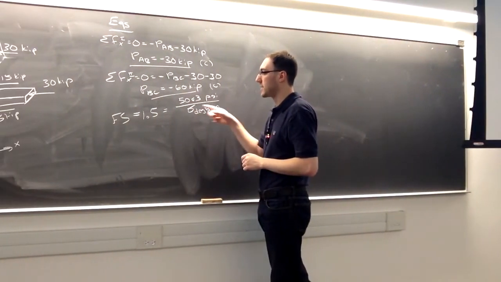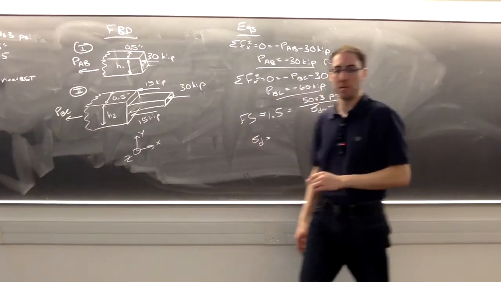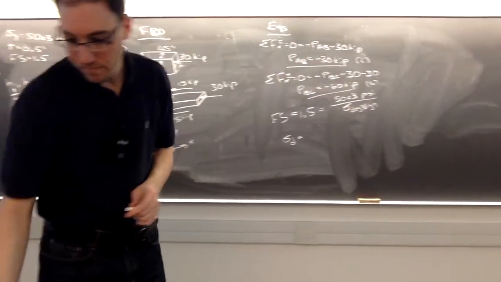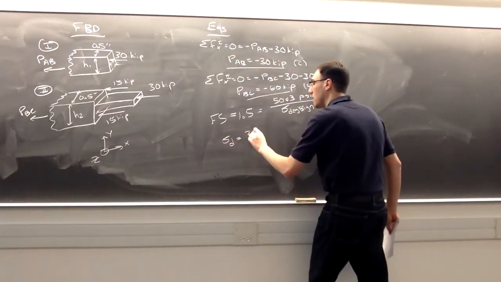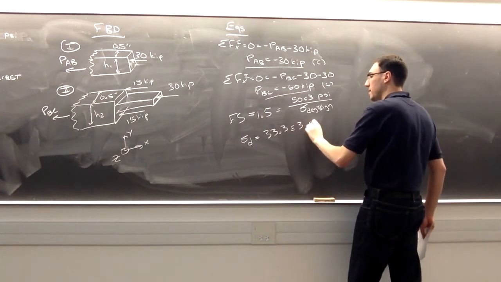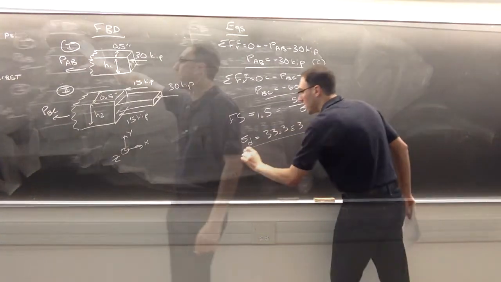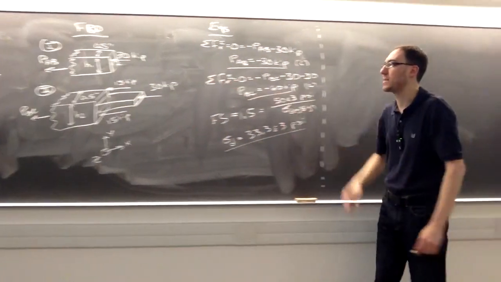Divide the 50 KSI by the 1.5. We're going to design it to be able to handle a normal stress of 33.3 times 10 to the third psi. We have to use P over A to find the normal stress for this axial stress that we're going to have here.